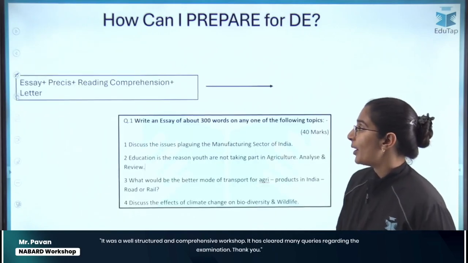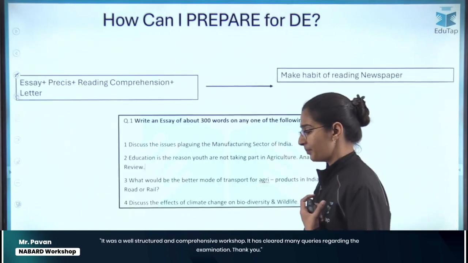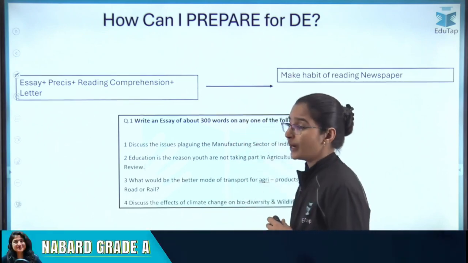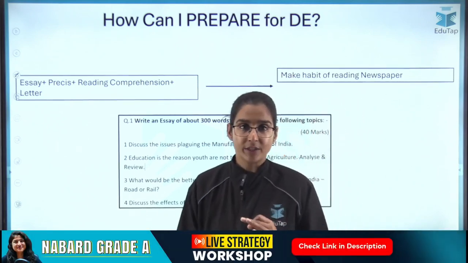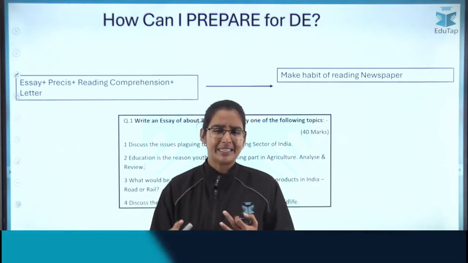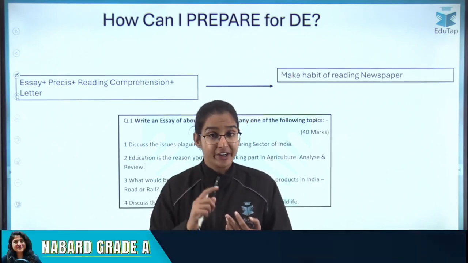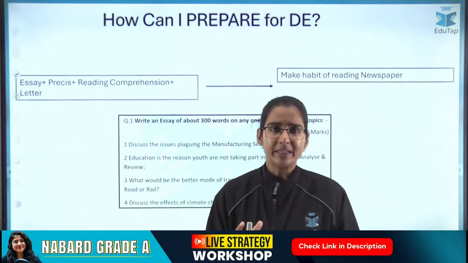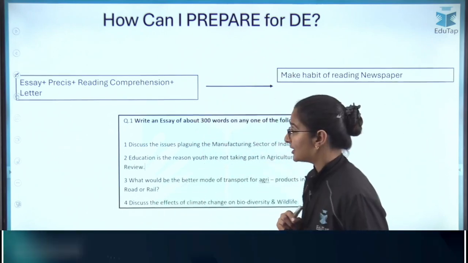Now if I talk about the paper descriptive English, in the descriptive English you get 90 minutes to do 3 questions, and these 3 questions are asked from essay, précis, reading comprehension, letter writing, and report writing. These are the topics mentioned in your descriptive English syllabus.